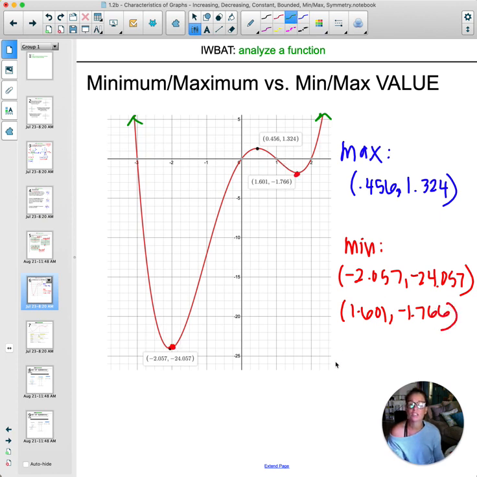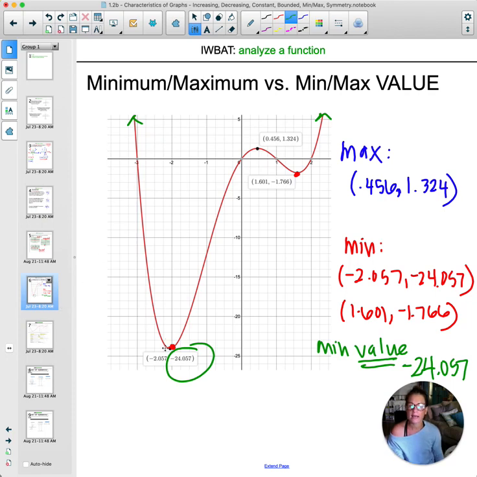And then if I asked you for the minimum value, that's the actual y value, the smallest y value possible on this graph, which is just that y value. So the minimum value is negative 24.057. Minimum point, name the ordered pair. Minimum value is just the y value.